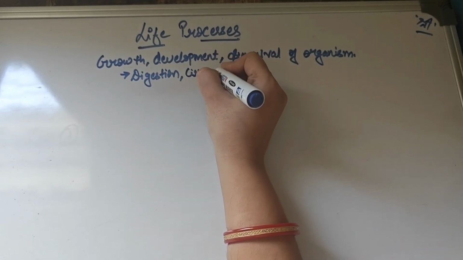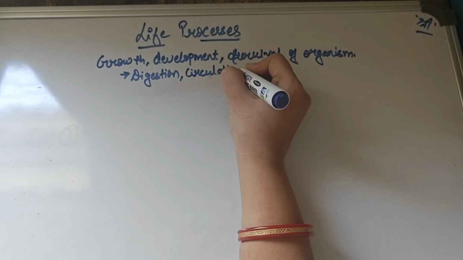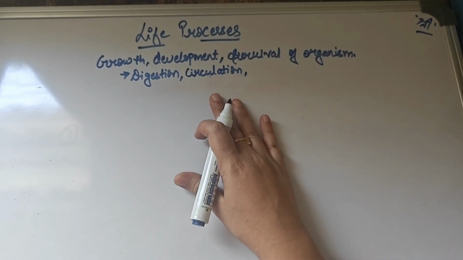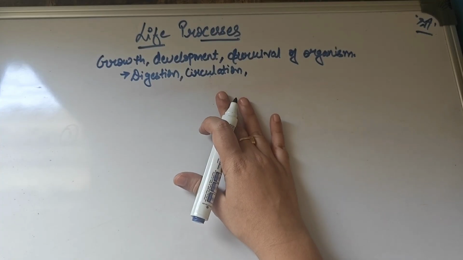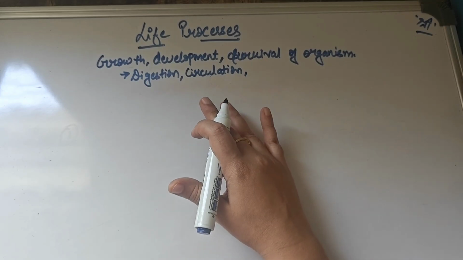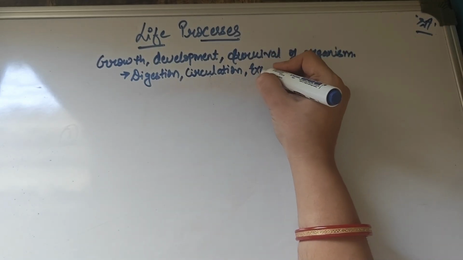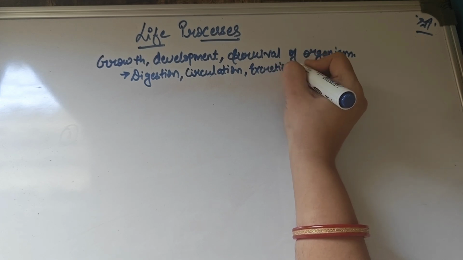The process of circulation is at the same time important. Why circulation? Because the process of circulation involves pumping of the blood, and when blood is pumping to the whole of your body, it is transporting nutrients, and it is helping in removing waste as well. So circulation is very important. Whenever you're eating food, your body is generating lots of waste as well.